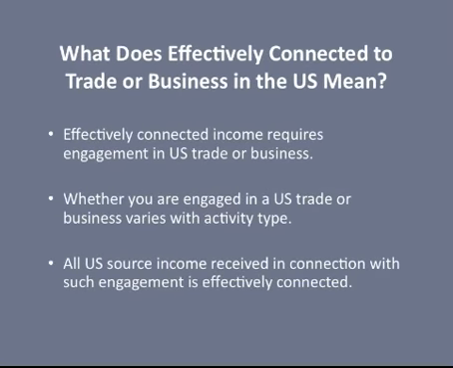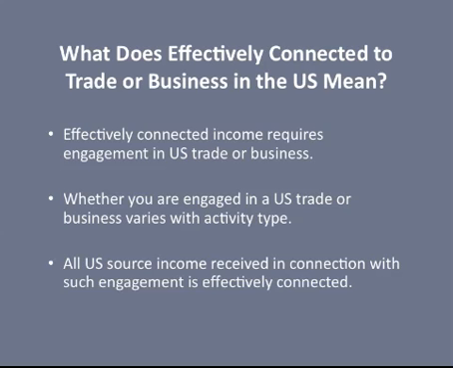How does one know if their income is effectively connected income? Well, effectively connected income is income acquired from engagement in a U.S. trade or business. Whether an individual is engaged in a U.S. trade or business then depends upon the particular activity that individual is engaged in.